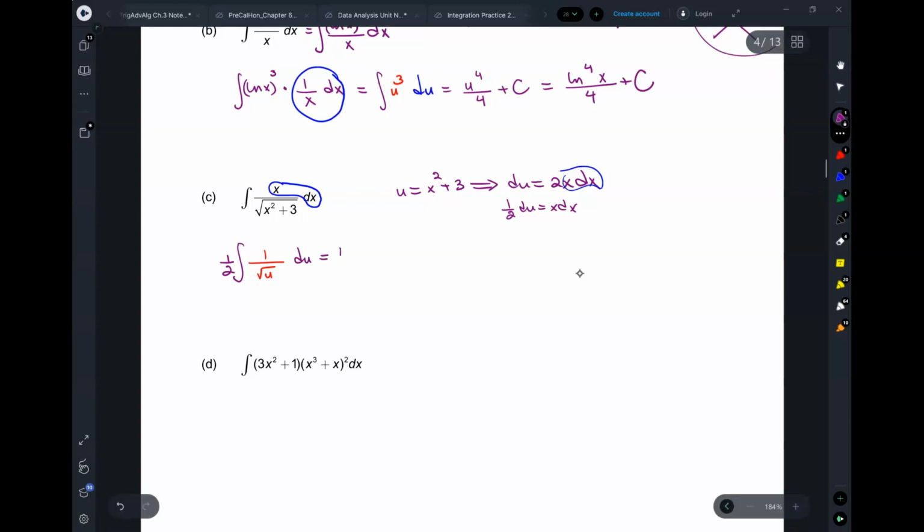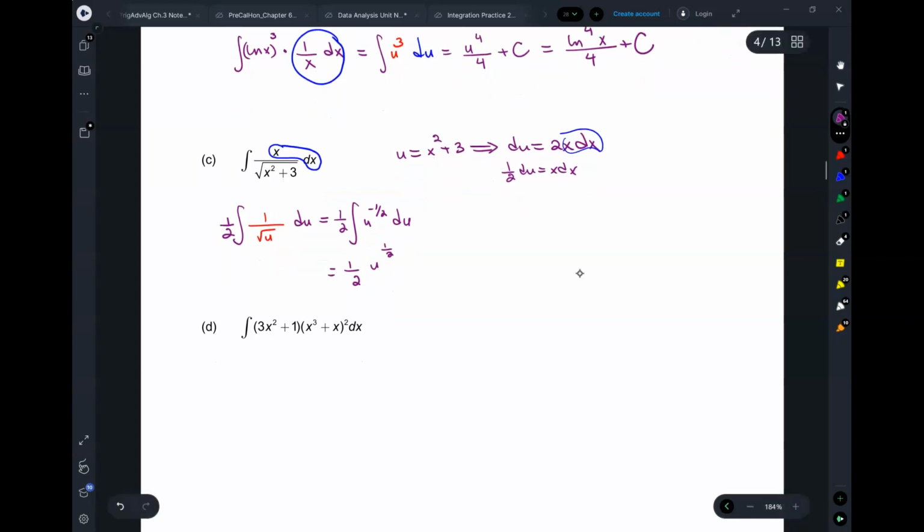So this is 1/2 u to the negative half du. So let's integrate. What will that be? 1/2 u to the, when you add 1, what do you get? 1/2. Negative 1/2 plus 1 is 1/2. Divide by 1/2. Go slow for these.